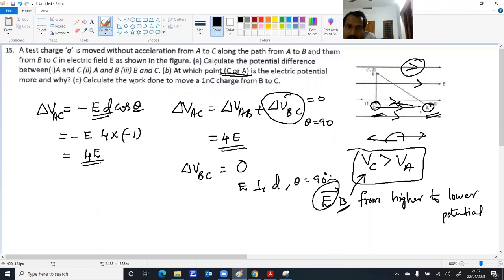The last part: work done to move a charge from B to C. We already know these potential differences.